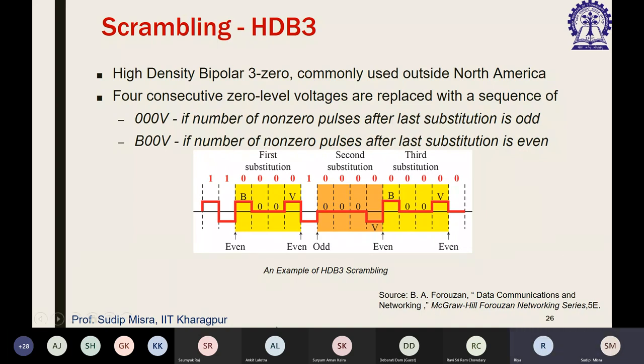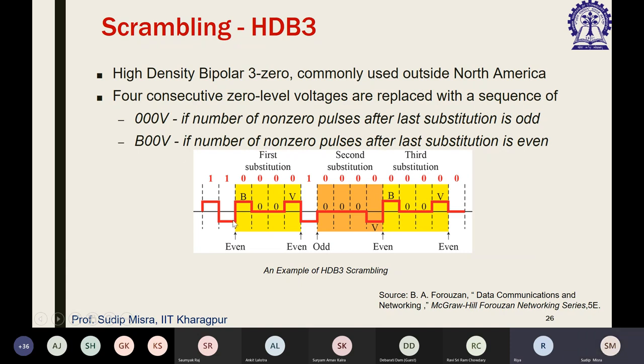Here, if you encounter 4 consecutive 0 level voltages, those are going to be replaced with a sequence of 000V if the number of non-zero pulses after the last substitution is odd, and if the number of non-zero pulses after the last substitution is even, then you replace with this sequence.